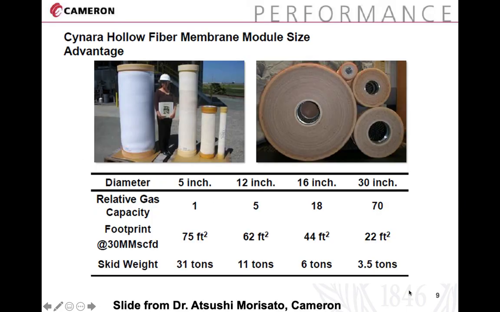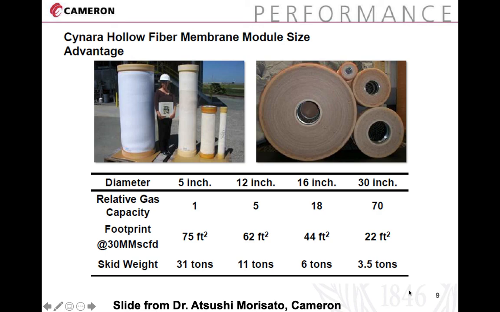This is another picture of these module cylinders, which is, as mentioned, a very common way of packing membranes. And I would like you to pay attention to the table at the bottom. This is, let's say, the evolution of the progress of the membrane technologies.